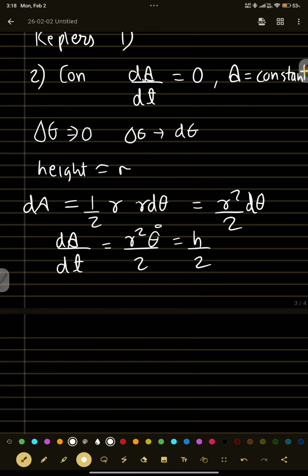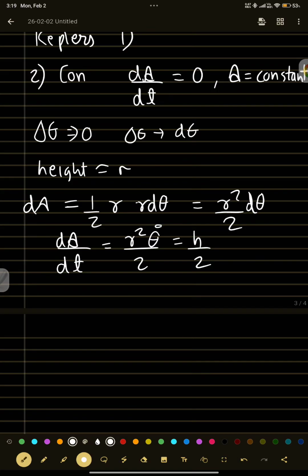Now equal areas in equal time. Why? Because this is constant. If the constant is c, and there is an increment of 5 seconds, the change in area will be 5c. If the increment in time is 10 seconds, the change in area will be 10c. So in equal time intervals it will sweep equal areas.